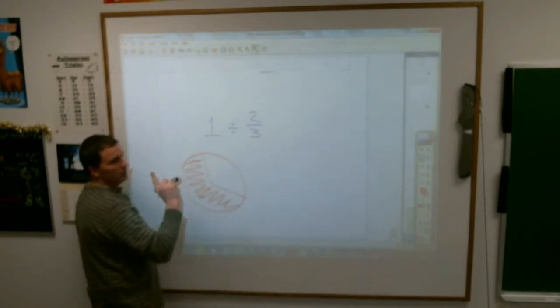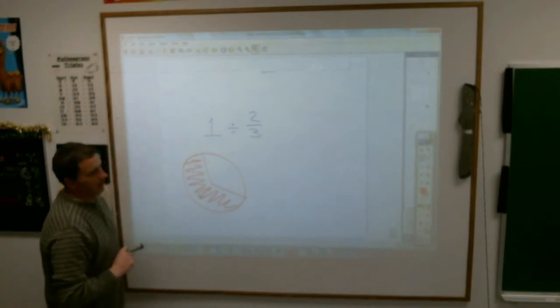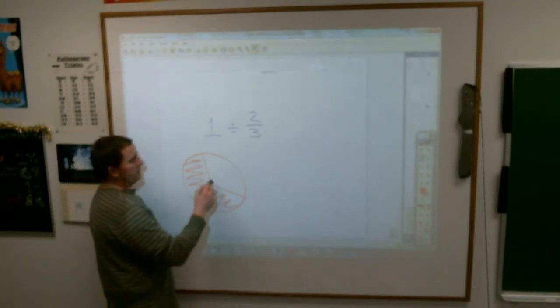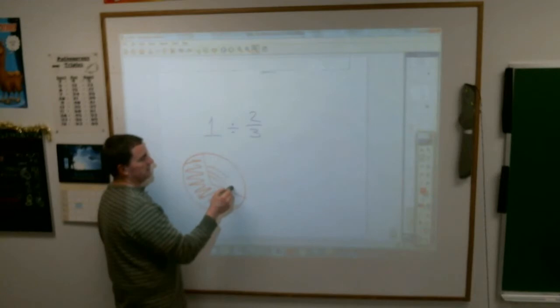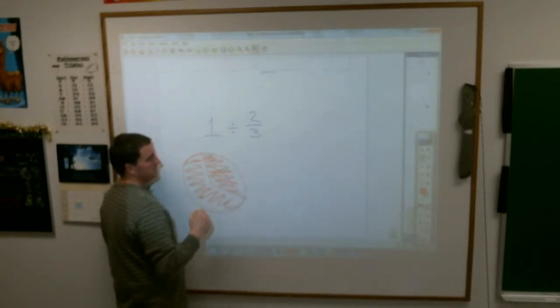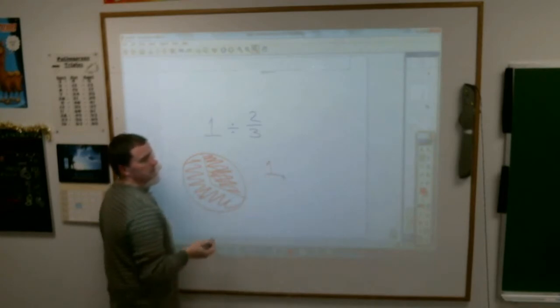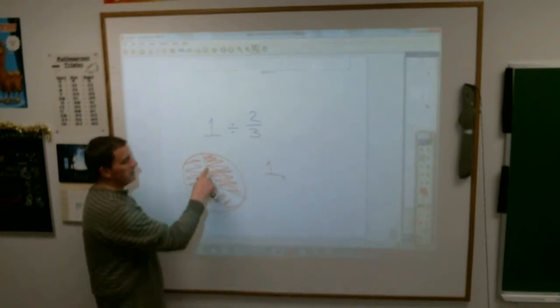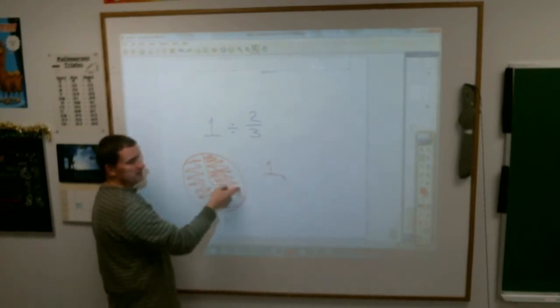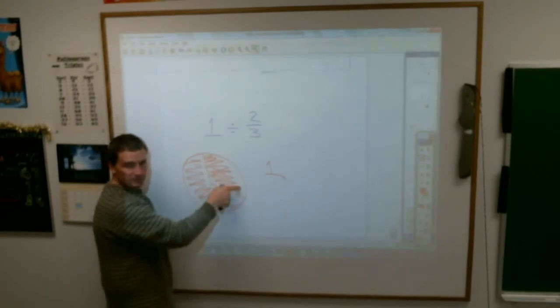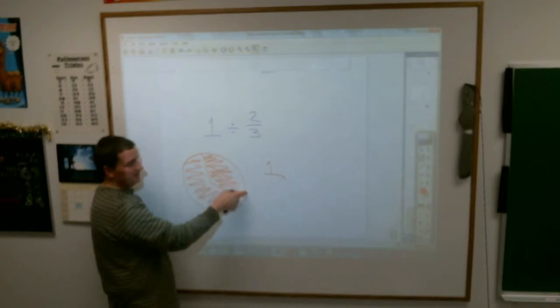I know I get one whole one out of it, don't I? Okay, and then I still have this piece left over. I'm going to get one whole one, and then what fraction of 2/3 is this? Maddie? 1/3. Nope. Lance?